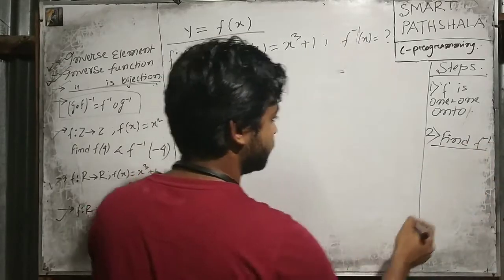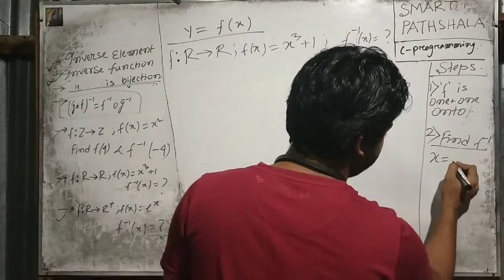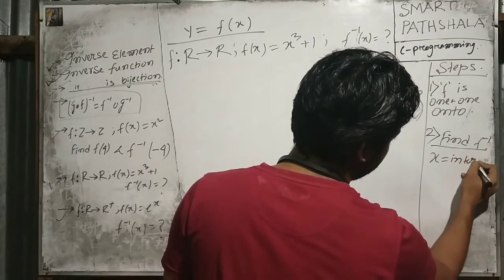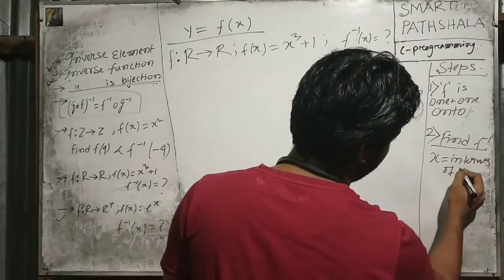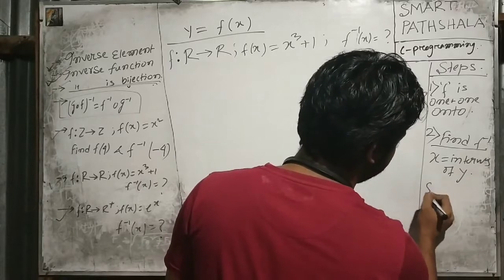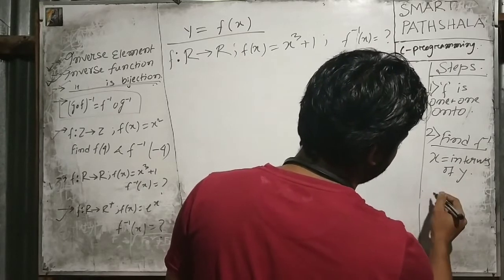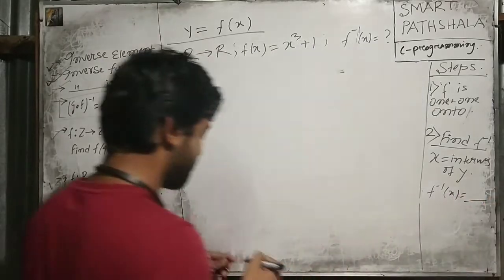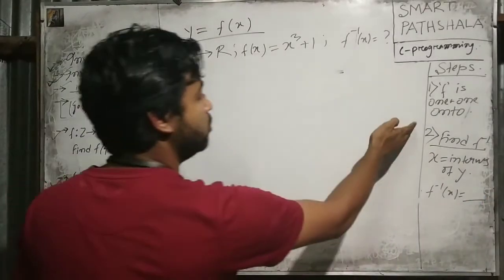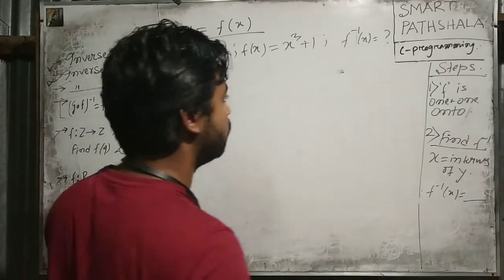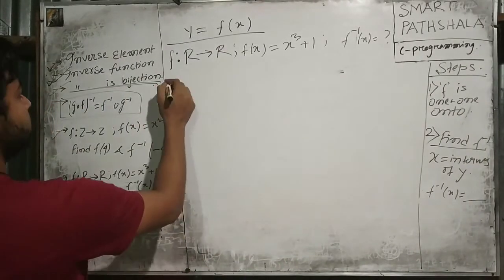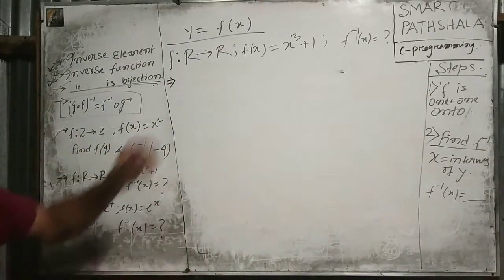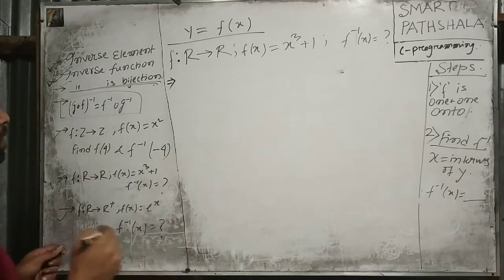Now in finding f inverse, we will write x in terms of y, then we will write f inverse of x. Note down these steps which we will follow while we solve this problem.